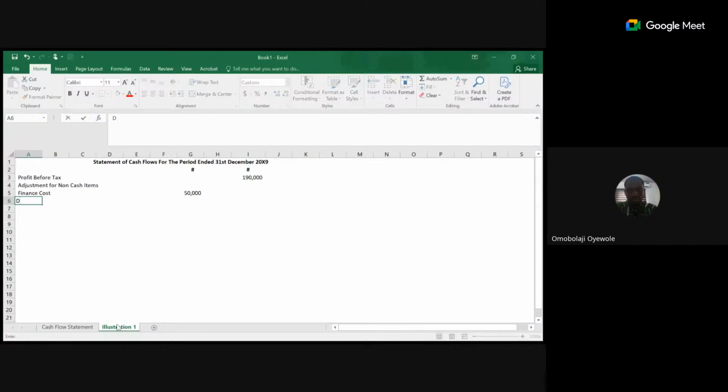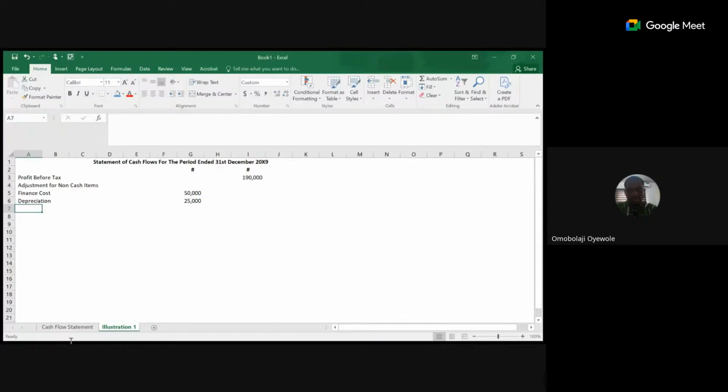It means we have to recognize the effects of depreciation. Depreciation is 25,000. Remember to add back depreciation because it has been deducted.